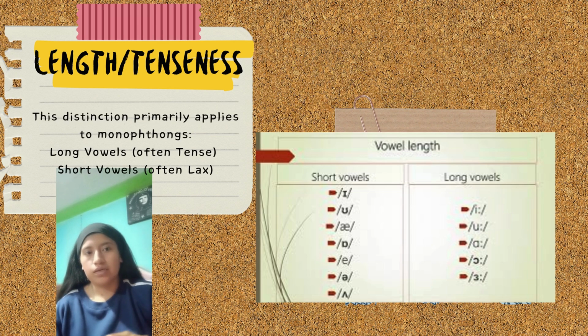Long vowels are tense. These vowels are produced with greater muscular effort at a more extreme tongue position and have a longer duration. And the short vowels are often lax. These vowels are produced with less muscular tension and a shorter duration.